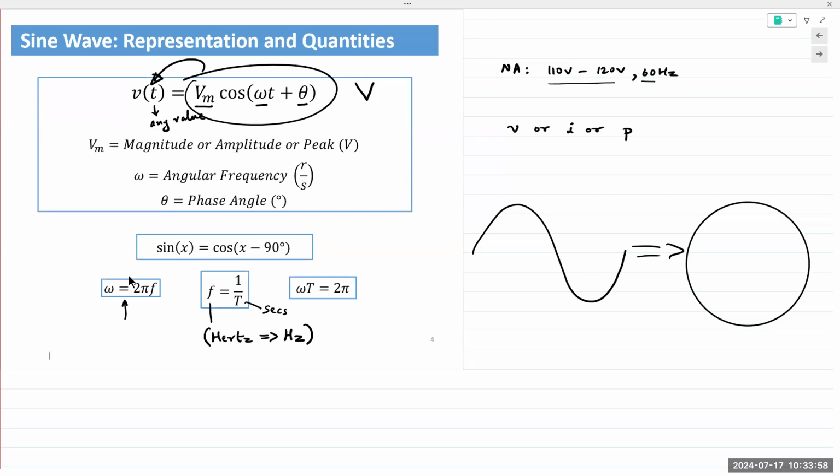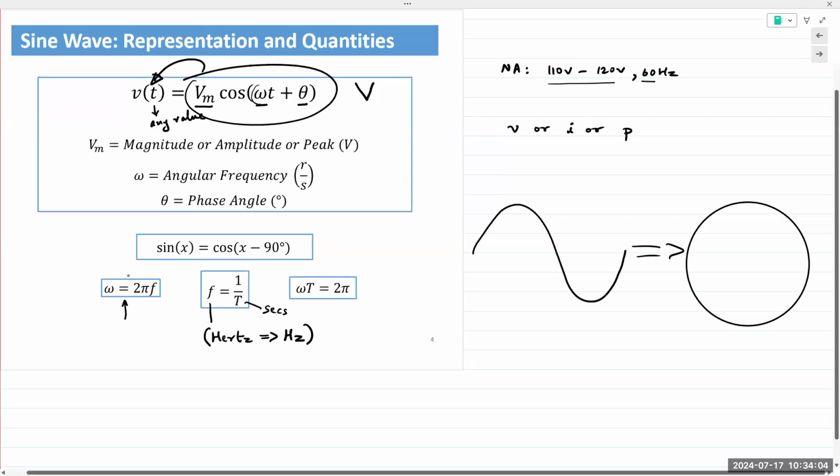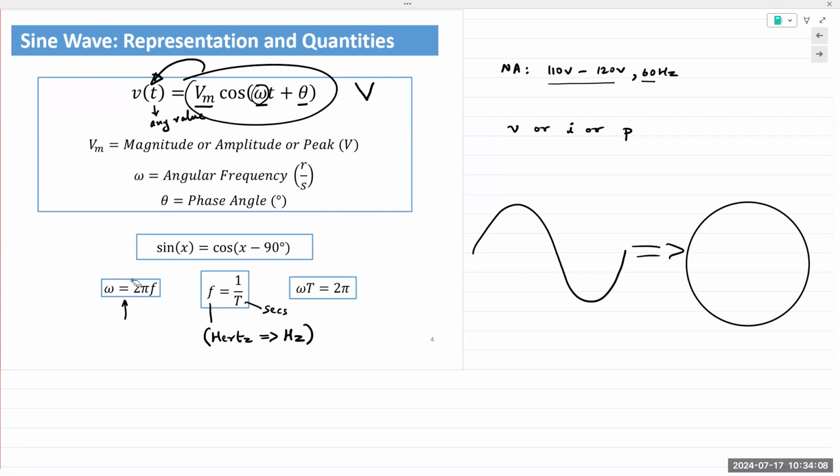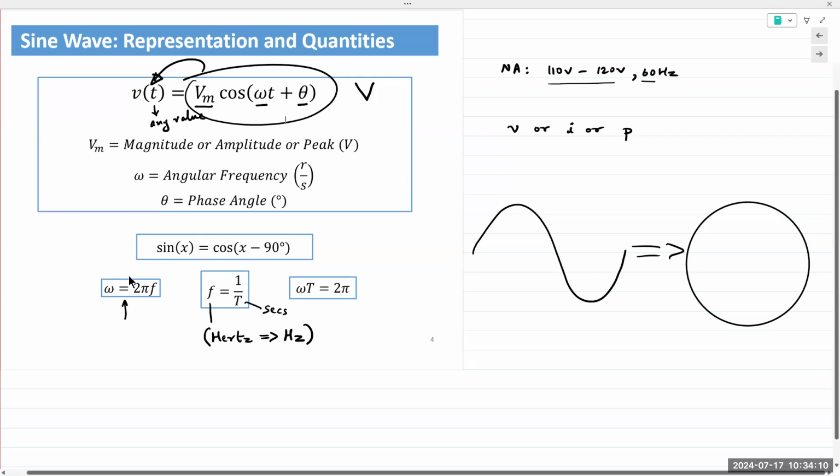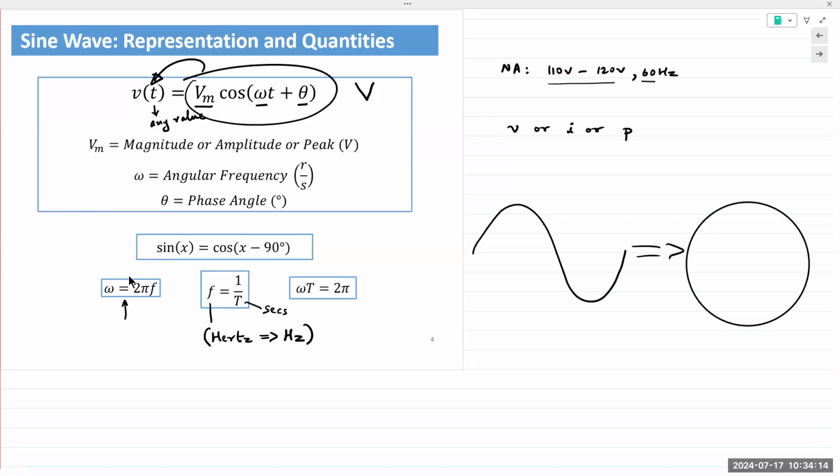Good question. The question being asked is, why do we keep omega in radians per second and theta in degrees? We want to keep theta in degrees because we wish to perform a phasor transform where we are representing this sinusoidal waveform as a complex number. And when we represent it as a complex number, we want the phase angle information. That's why we keep it separate.